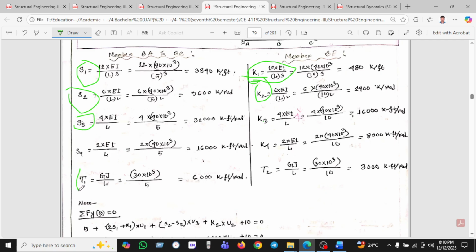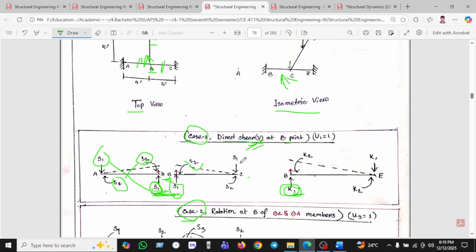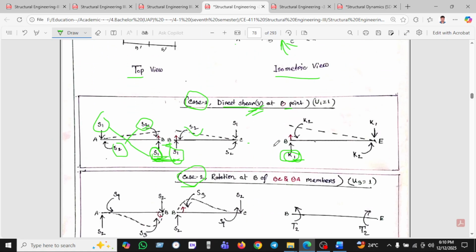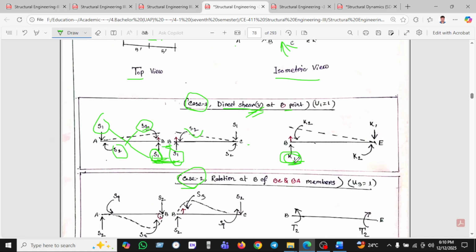The change will be T1. T1 means torsion, JG divided by L. T2 will be the same, JG divided by L. We'll see when we use T1 and T2. So the value of K1 is 12 EI by L cube, the same as S1.